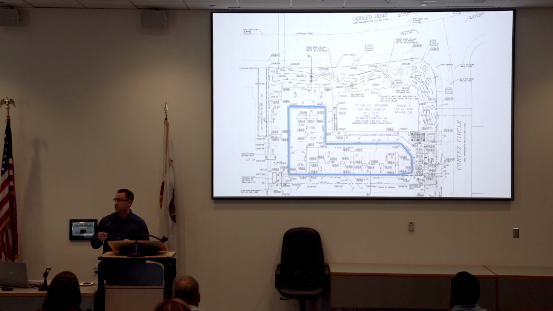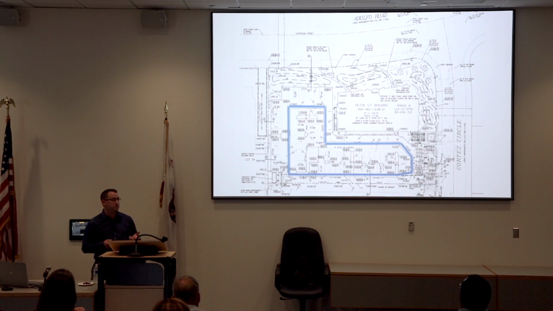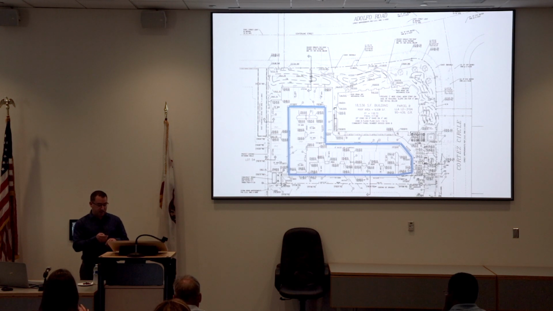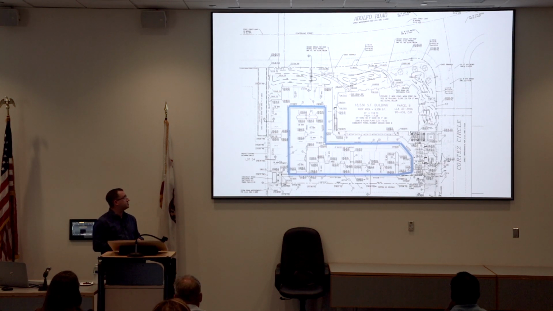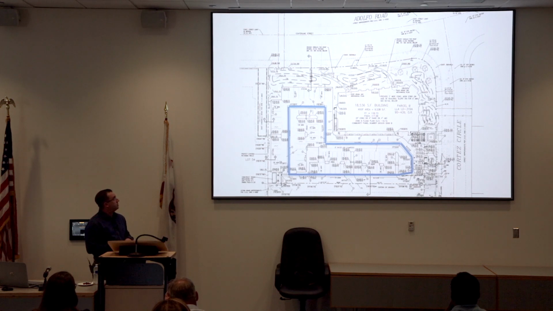There was some ridiculous number of dry wells, which I thought was pretty impressive, where they went down 15 feet. This is a site that's actually right down the street. If you look at the cross streets, it's Adolfo Road and Cortez Circle, so it's pretty close by.